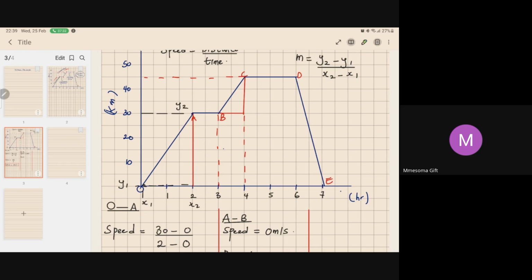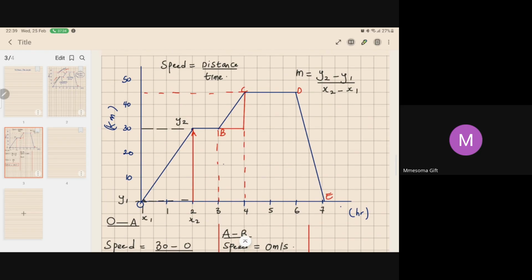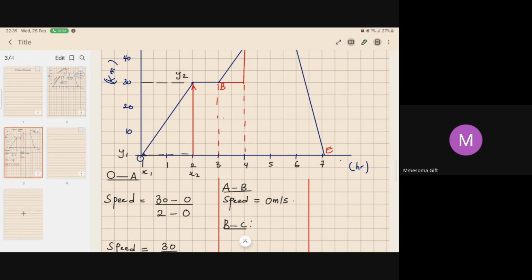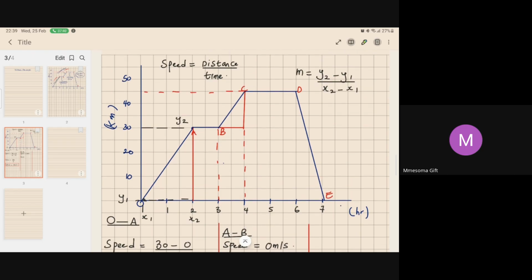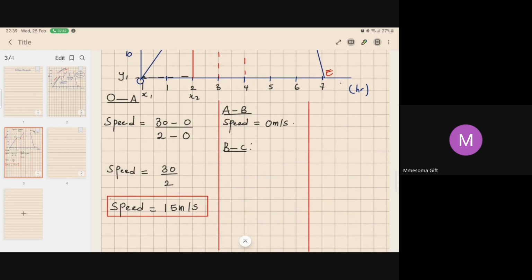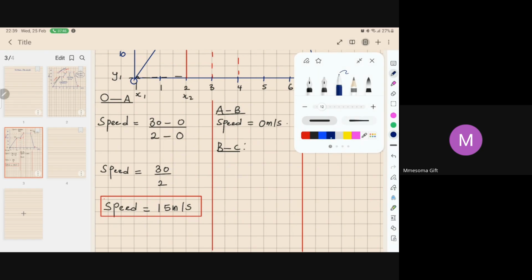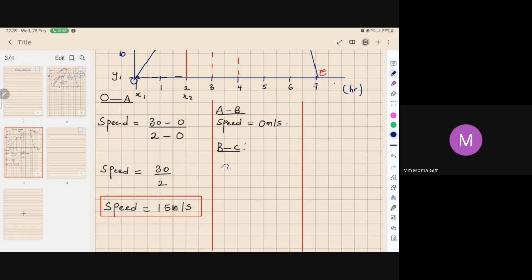So that said, my y2 is 45, and my y1 at this point is going to be 30, right? So I'm going to have that the speed for that very region will be equal to 45 minus 30 divided by 4 minus 2.